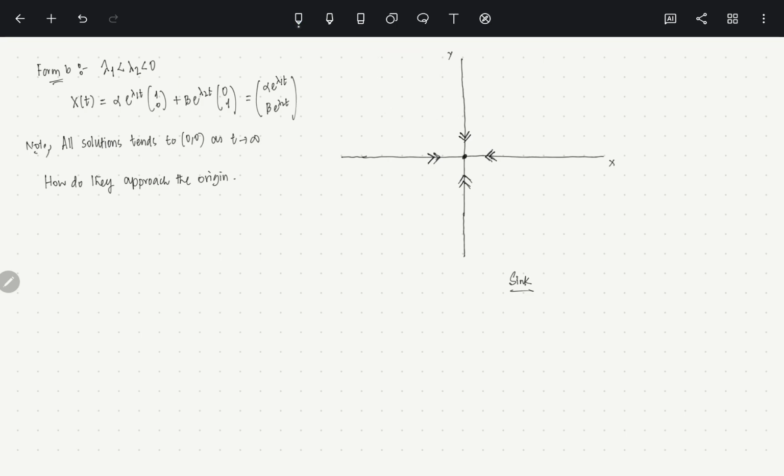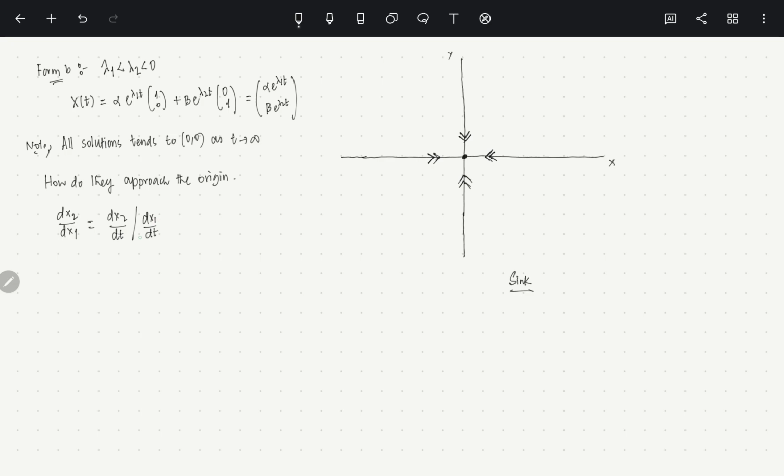To do that, we are going to write down dx2 by dx1. Given any point on the curve, we want to look at the slope. So what is the slope of the solution? That is given by dx2 by dt divided by dx1 by dt.